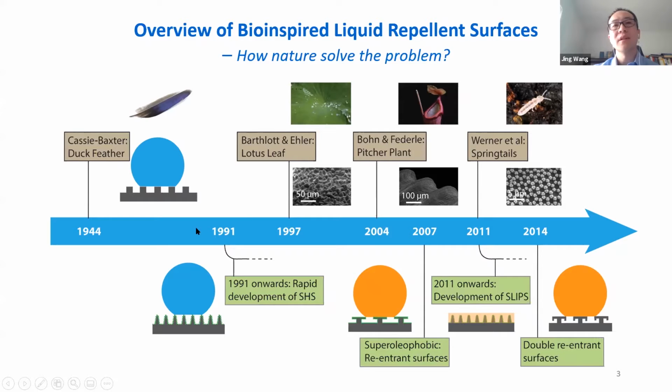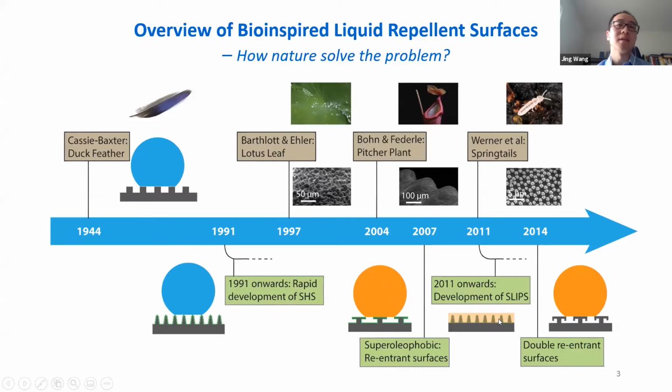And until very recently, about 30 years ago in the 1990s, the superhydrophobic community developed very rapidly, from the Lotus-Leaf effect that has superhydrophobic surfaces, to springtail surfaces that create superoleophobic surfaces with reentrant or double reentrant structures. And very recently, in 2011, people were inspired by pitcher plants that have a slippery rim.